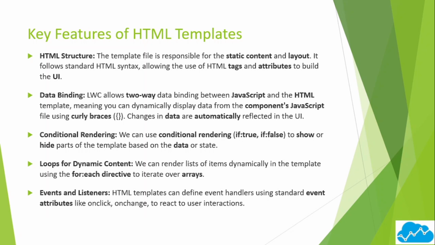Events and listeners: HTML templates can define event handlers using standard event attributes like onclick, onchange, and many other events to react to user interactions. Whenever we click on the page, it responds by displaying some particular content or hiding the content. So as per the business requirement, we get the output.